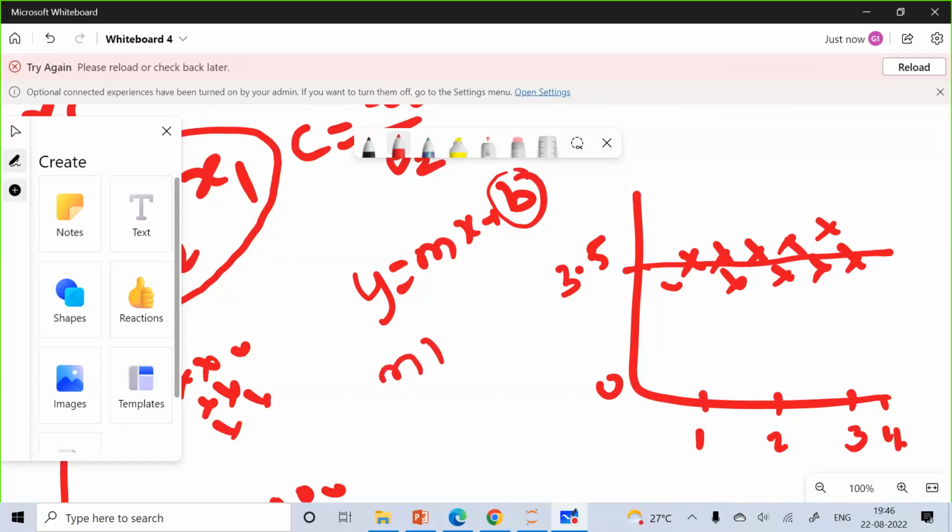When x equivalent to 1, y is equivalent to 1, and when x is 2, y is 2. Is it capturing the pattern? Not capturing the pattern, right? So by adding some bias, you'll be able to accurately capture the pattern. For example, here when m equal to 0 and b equivalent to 3.5, this will be able to exactly capture the pattern.